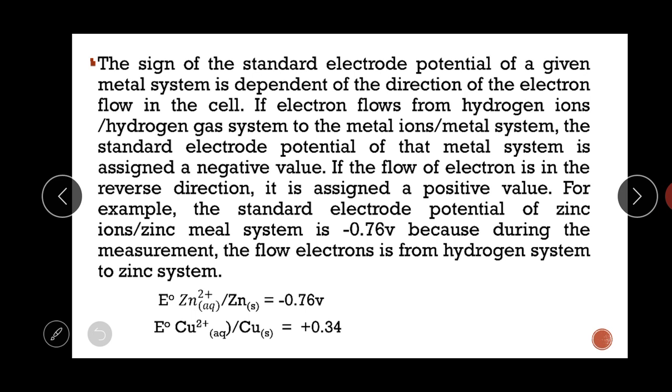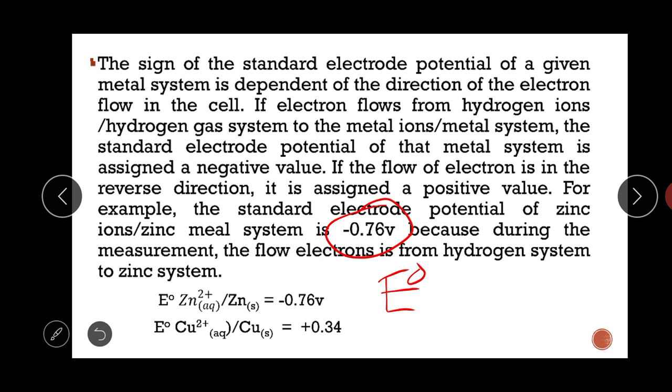This is because during the measurement, the flow of electrons is from the hydrogen system to the zinc. What we are being given is just the E naught, and I have explained what E naught means. E naught is the EMF across the cell.